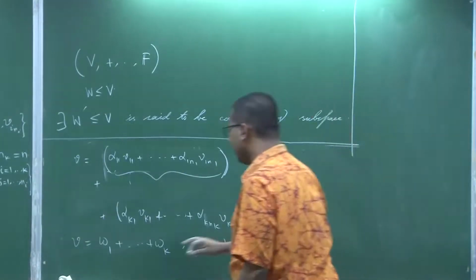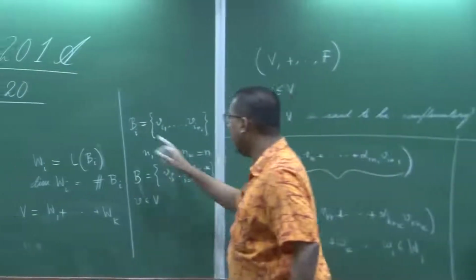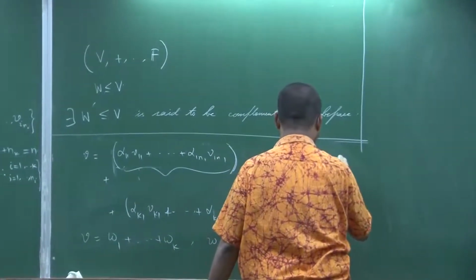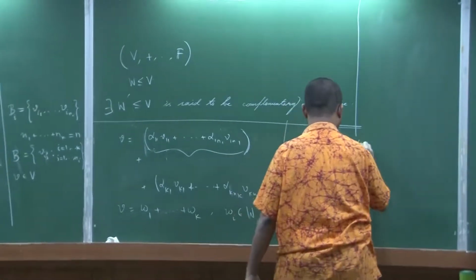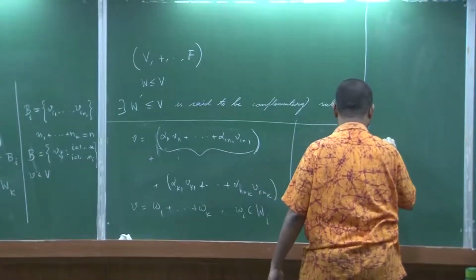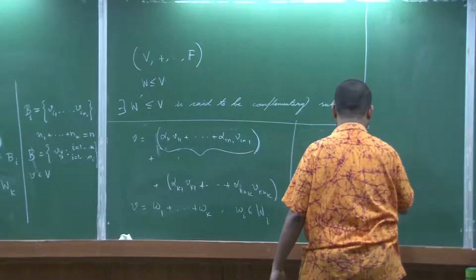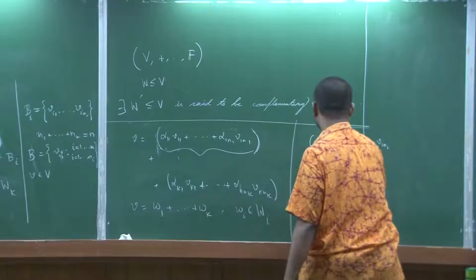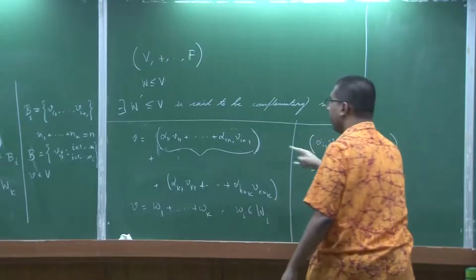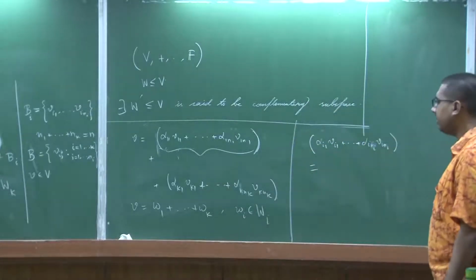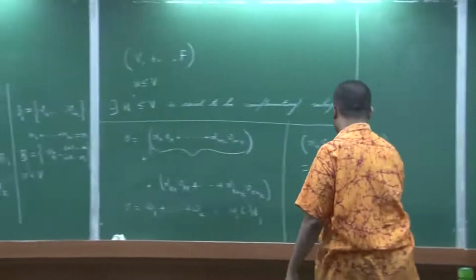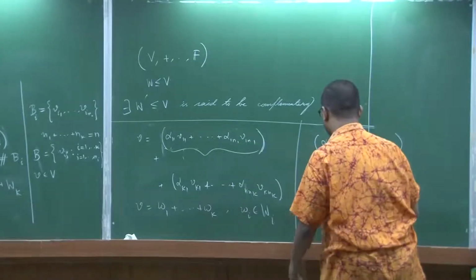A typical vector from W_i, as I said, is of the form alpha_i1 V_i1 plus ... plus alpha_iNi V_iNi. So, a typical vector in W_i looks like this, and a typical vector in the sum of the other W_j's will look like this. How does it look?